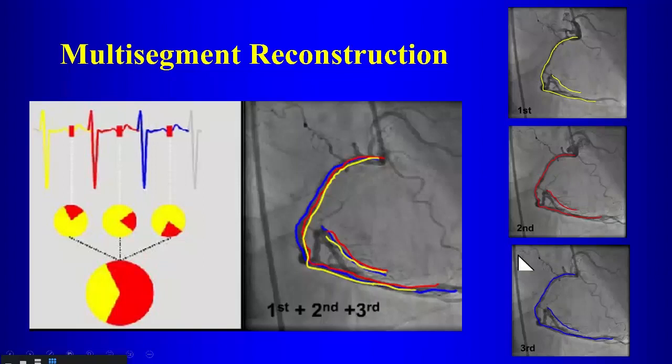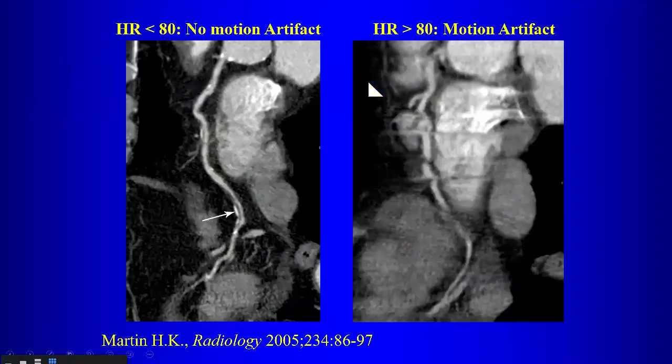Now, when you superimpose all 3 of these, you see that they don't quite exactly overlap. So this is the problem: if you're taking data from more than one heartbeat, the heartbeats may not be absolutely identical, and then that can introduce artifacts in your imaging when you try multi-segment reconstruction. So it's not something you should attempt unless you absolutely have to for that particular patient.